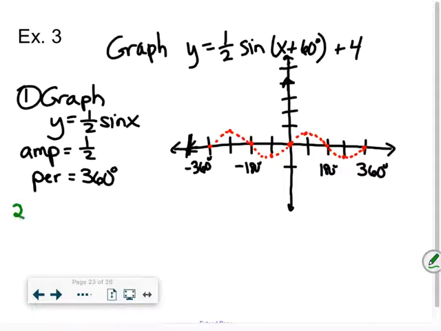Step 2 is I have a vertical shift up 4, and I have a phase shift left 60 degrees.